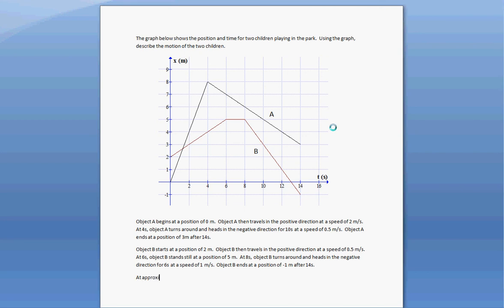At approximately, let's see, where's that? This is 1, so 1.5 seconds. In fact, I'm willing to bet that's exactly 1.5 seconds. At 1.5 seconds, object A passes object B. Just a little additional sentence here to explain what's happening at this intersection.